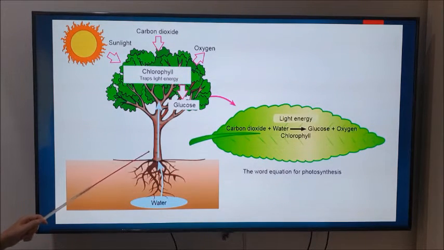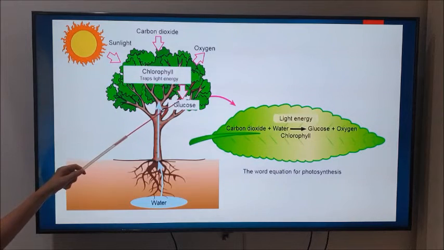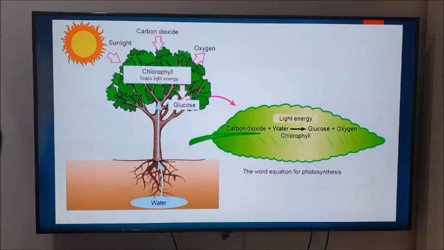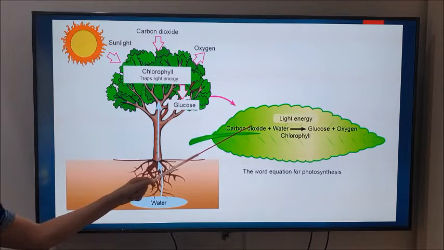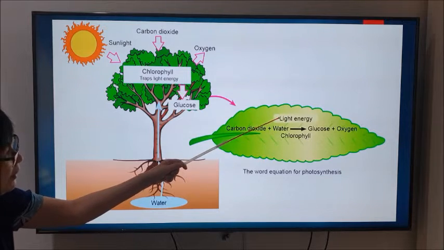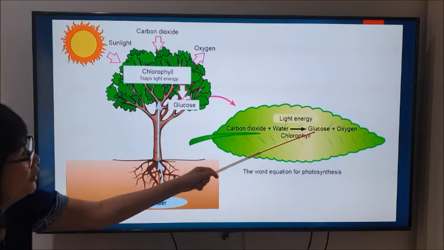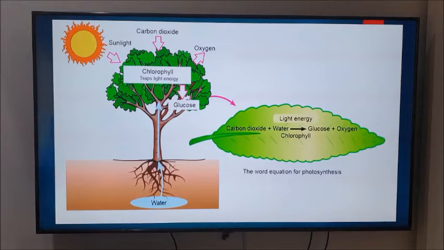Then the plant will release oxygen and glucose as the products of photosynthesis. Look at this reaction. Carbon dioxide reacts with water in the presence of sunlight and chlorophyll, and glucose and oxygen are released.